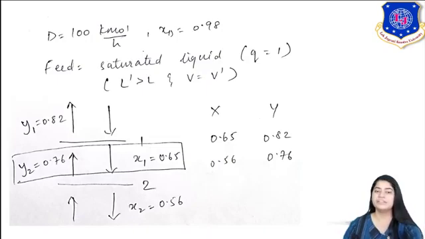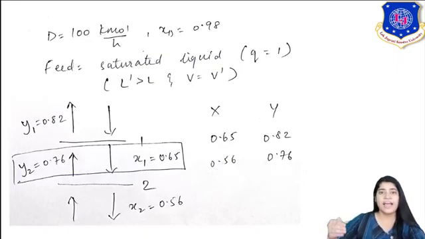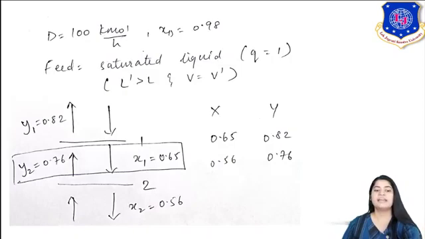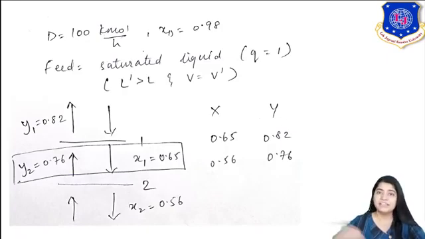As it is leaving plate 1, it is on the top. From plate 2, the vapor which is leaving is 0.76. So that is clear. Now talking about liquid composition. As you go down, the composition of A, the more volatile component, decreases. Hence, the liquid leaving plate 1, that is X1, is 0.65, and X2 is 0.56.